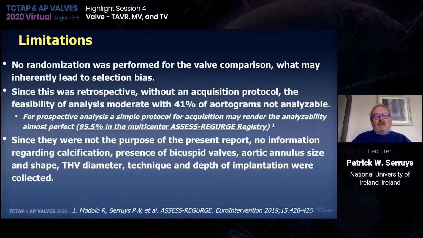Since it was not the purpose of the present report, there is no information regarding calcification, presence of bicuspid valve, aortic annulus size, shape, diameter, etc. That was not the purpose, but we are now ripe, I would say, to do this kind of analysis.